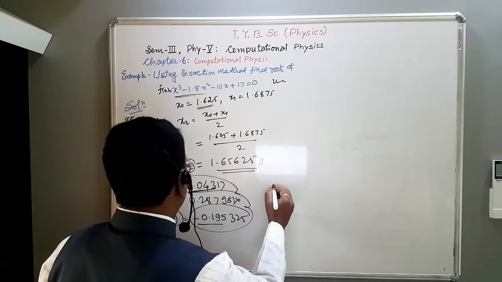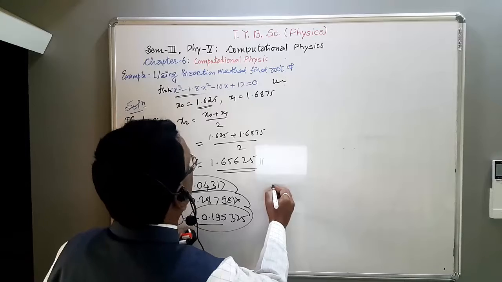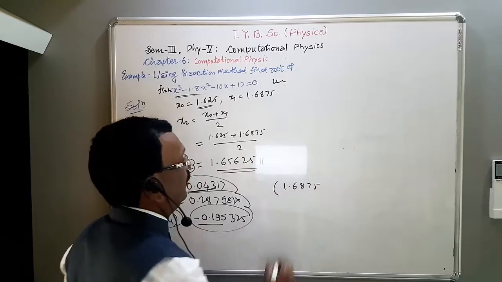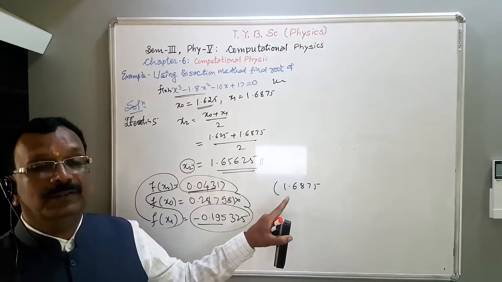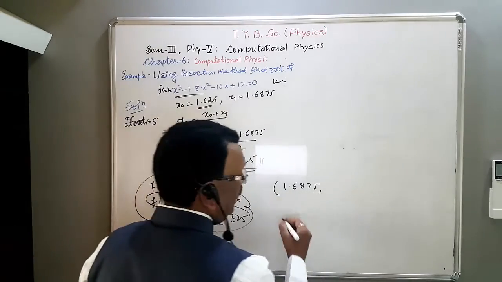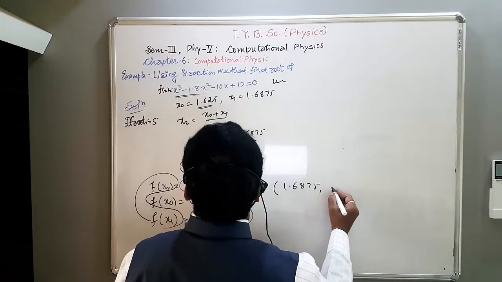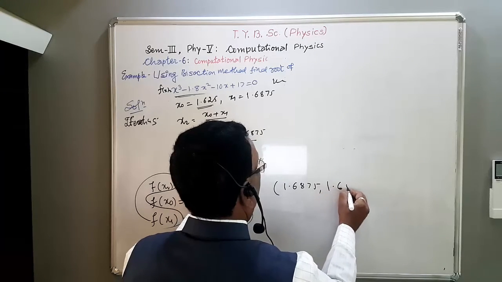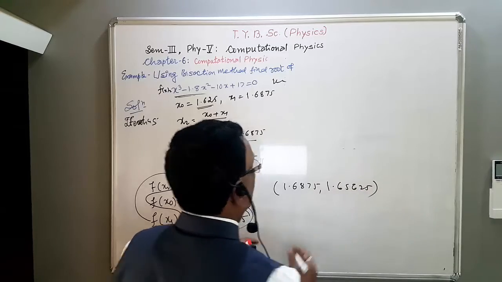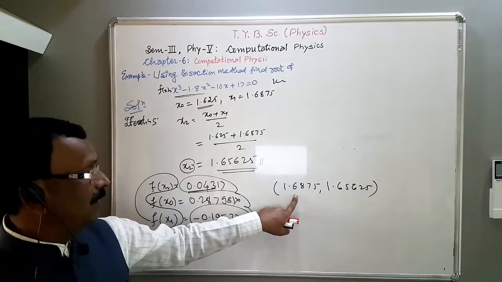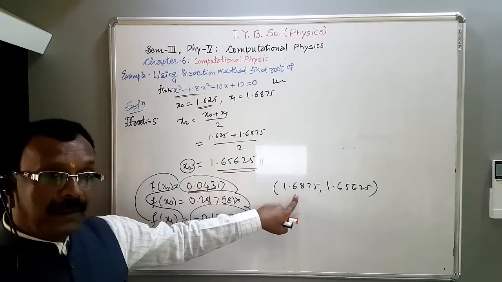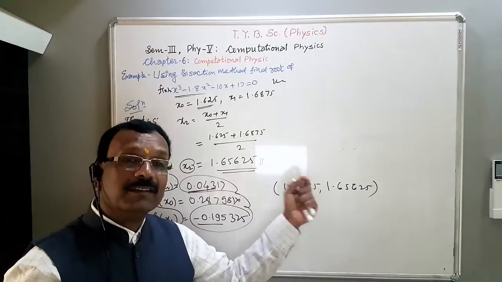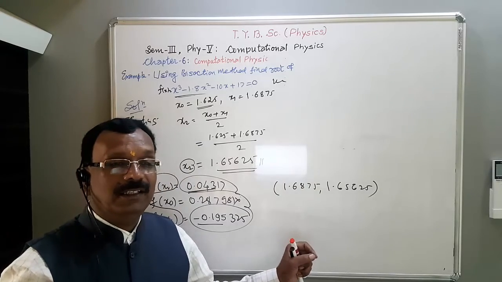First, 1.6875. This is the first value, the value of x0. And next one, 1.65625. This is the value of x1. In between these, the root lies.